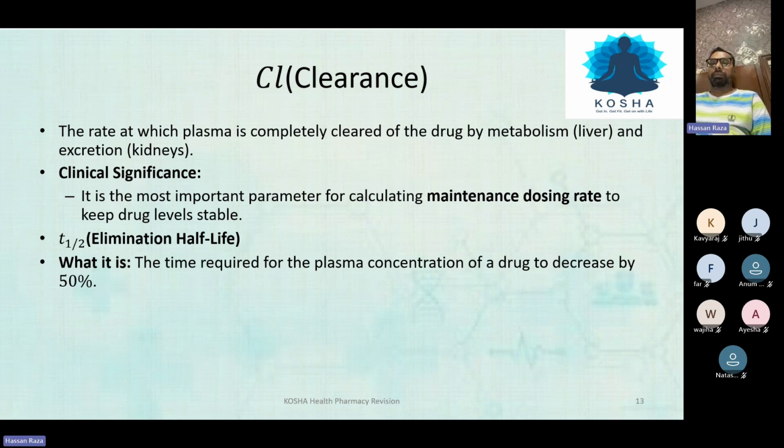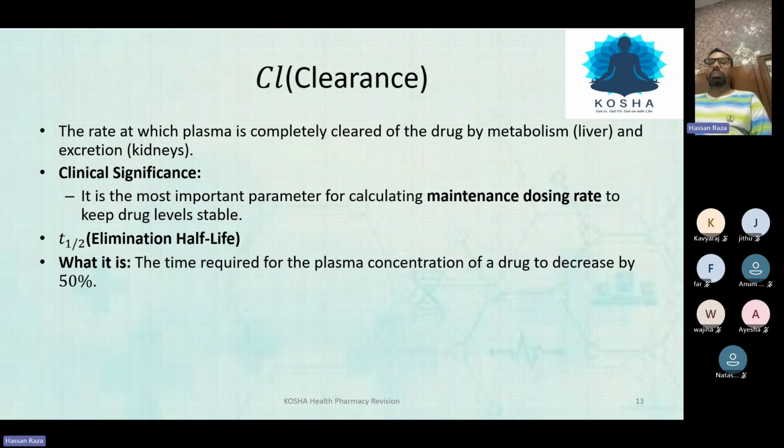That is clearance. Hepatic clearance is different, and there are different formulas to calculate hepatic clearance and renal clearance, and we will calculate renal and hepatic clearance as well. And one more thing I have told you, you have to memorize it.